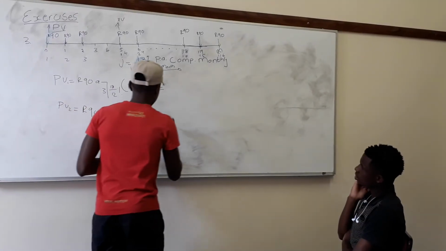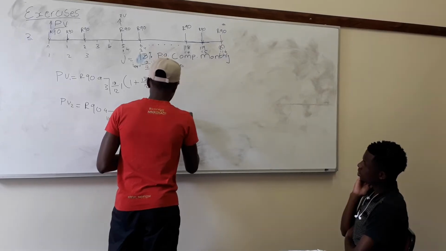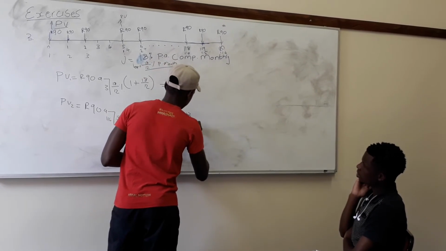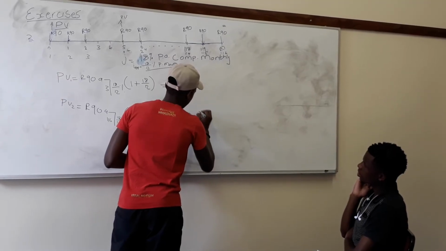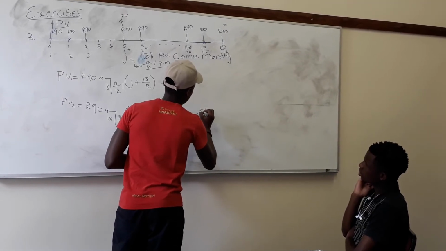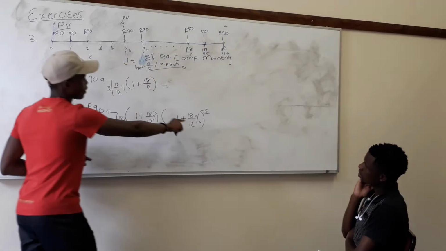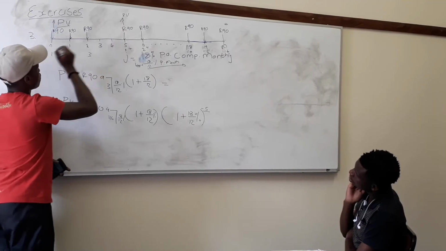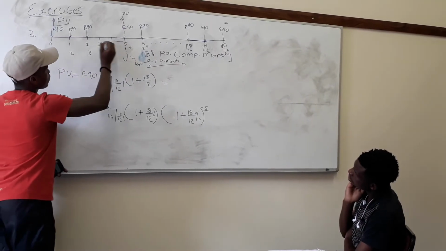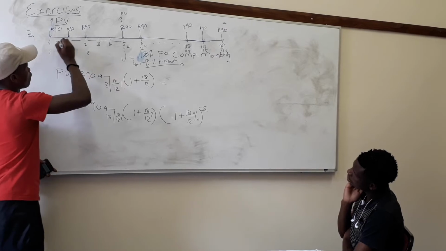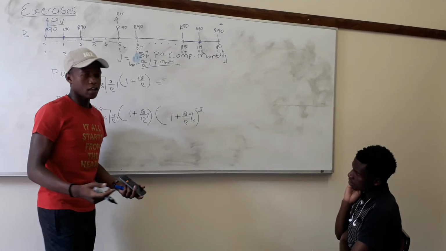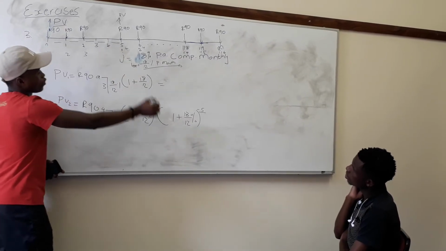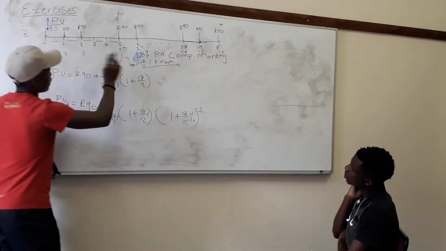So I'm just going to include one bracket here. This is to the power of minus 5 because the amount is here, right? So I want to take it to time 0. So it's 1, 2, 3, 4, 5. But then you can do it the other way. You can just put the PV here, and then your exponent there will be minus 4.